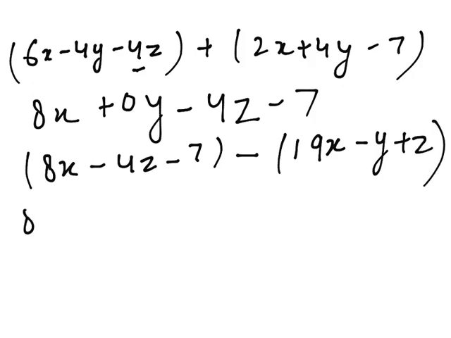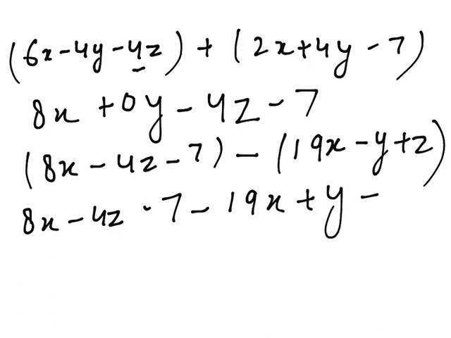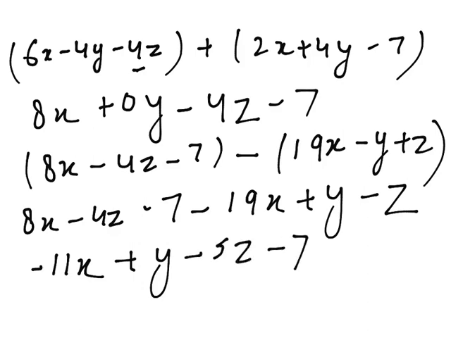So 8x minus 4z minus 7 minus 19x, minus minus will be plus, minus and plus will be minus. 8x and minus 19x will give minus 11x, then plus y, minus 4z minus z will be minus 5z, and then we have minus 7. So the required expression will be this.